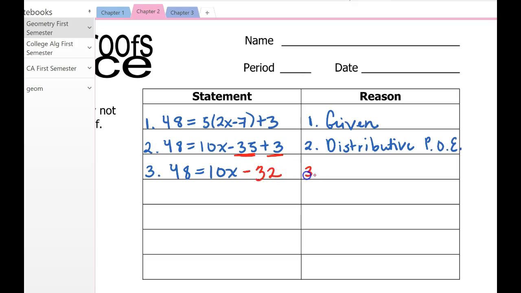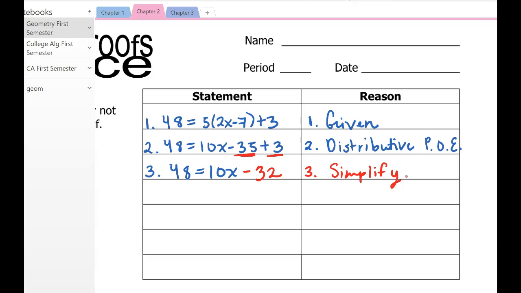And then, Josh, can I pick on you again? What was that reason? You said it would start with an S. Simplify. That's all he did. Notice I don't have to write POE because it doesn't have to be done to both sides of the equation. It just means simplify. It can be done on one side.